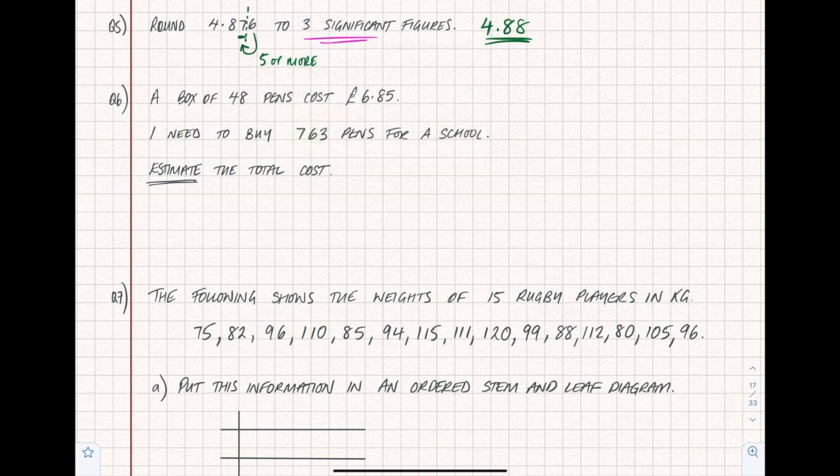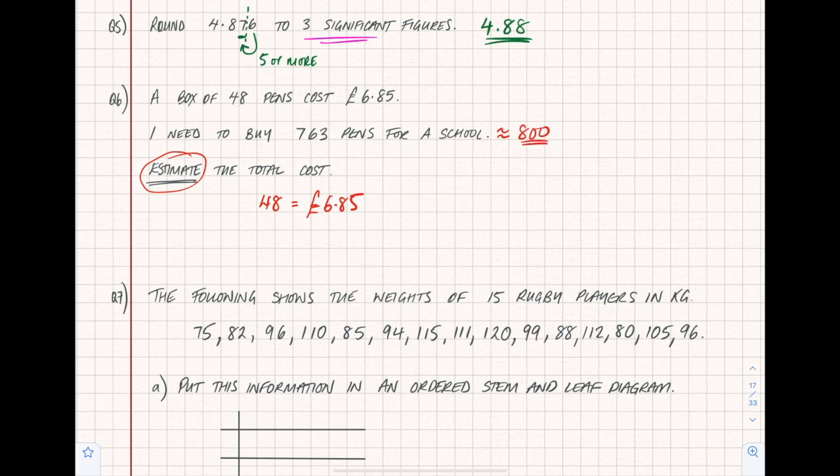Next question here, a box of 48 pens costs £6.85. So the first thing I do is write down what you know. So 48 is equal to £6.85. Then from there, I've got to buy 763 pens for a school. Keyword here, it says estimate, which means we need to round some stuff here. So if I need to buy 763, what I can round that number to is 800.